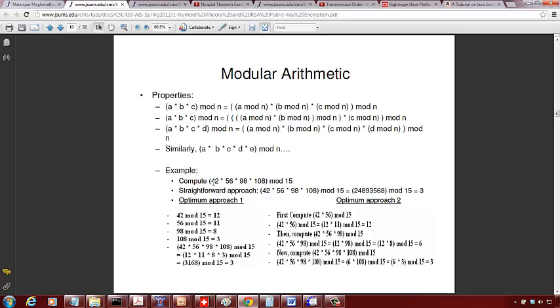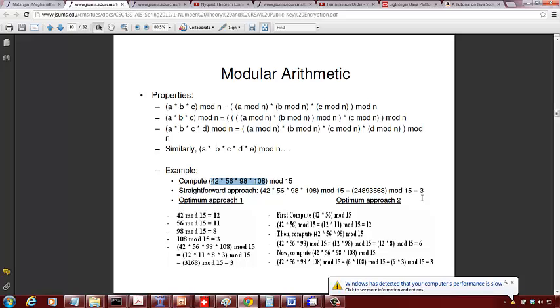I also went through this, telling that we can do a sequence of multiplications two at a time. For example, when you want to multiply 42 times 56 times 98 times 108, you don't need to do all these multiplications at a stretch and get this large number, divide by 15 to get this remainder, which is 3. You know the remainder is always going to be between 0 and 14 if you work with class modulo 15.